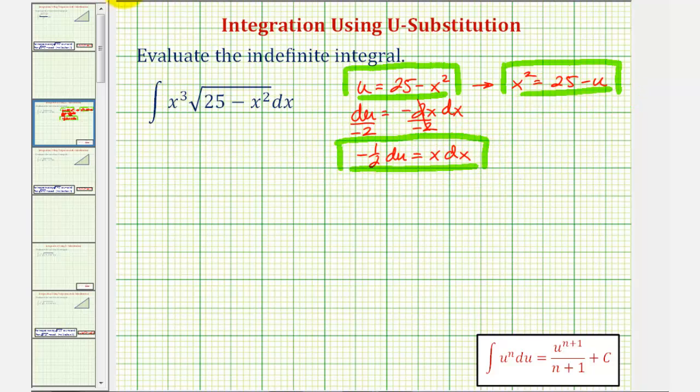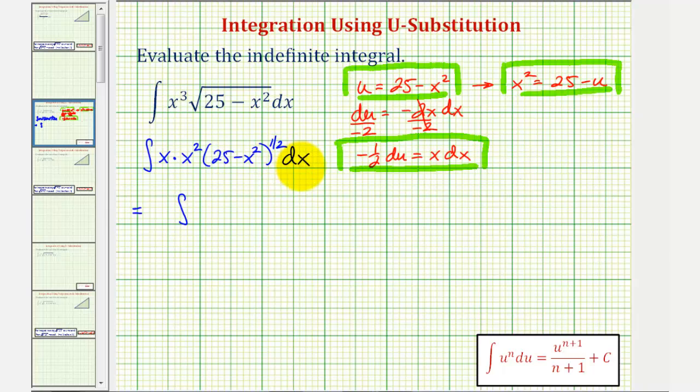To better see how this works, let's rewrite this as the integral of x times x squared. There's our x cubed. And let's write the square root of 25 minus x squared as the quantity 25 minus x squared to the 1/2 dx. And now we'll perform our substitutions.